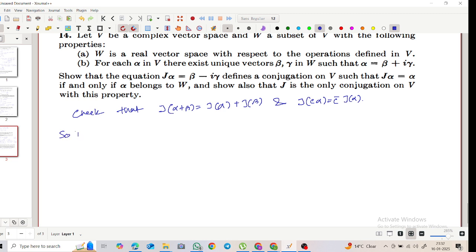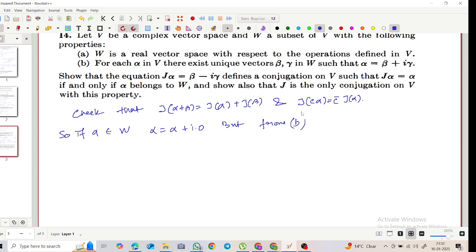So if alpha belongs to W, we can write alpha to be alpha plus I times 0. Okay. But from condition B, this is the unique choice, right?